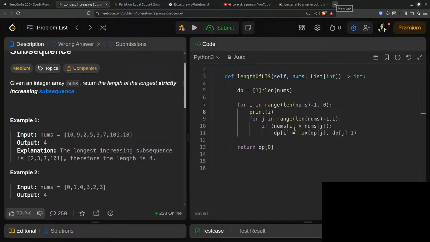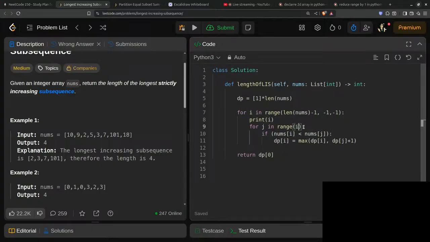I can go. This is fine. I think I is fine from I plus one till... this means it will skip the. Okay, my bad.